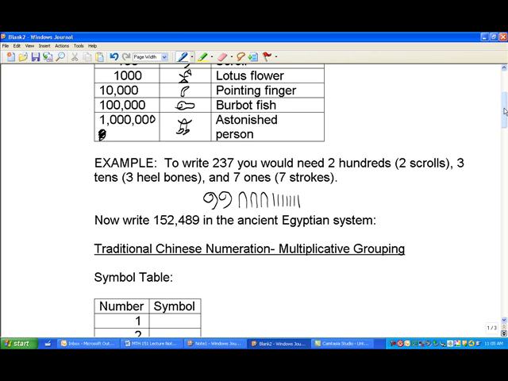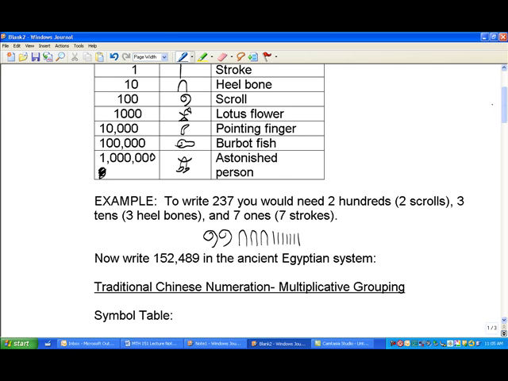And when you think you have your answer correct, go ahead and restart the recording, and you can check your answer. Okay, I'm assuming you've written down what you think is the answer. We have 152,489.